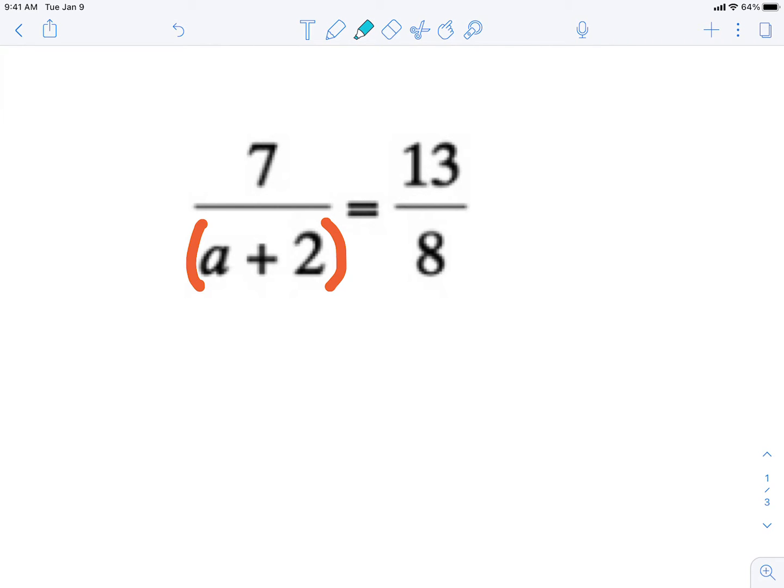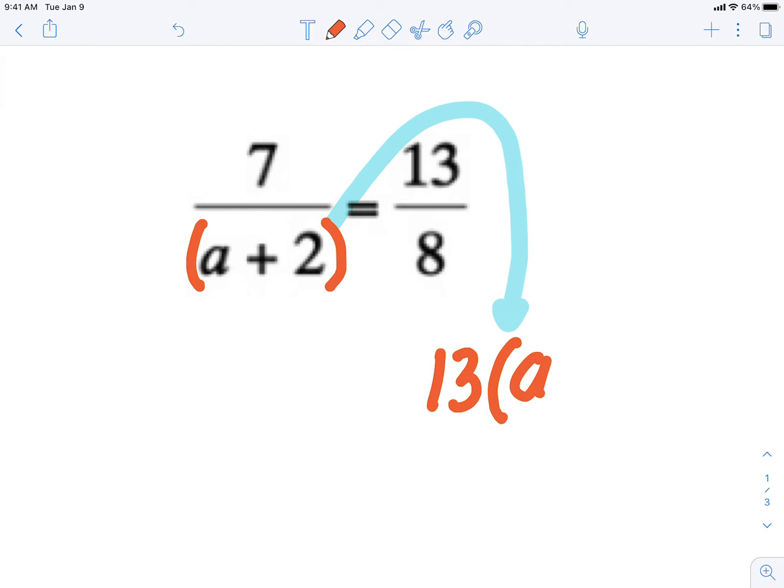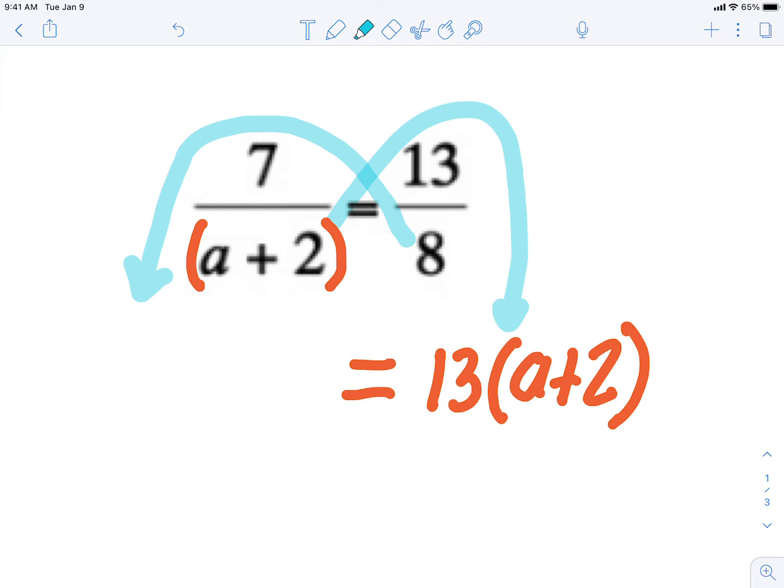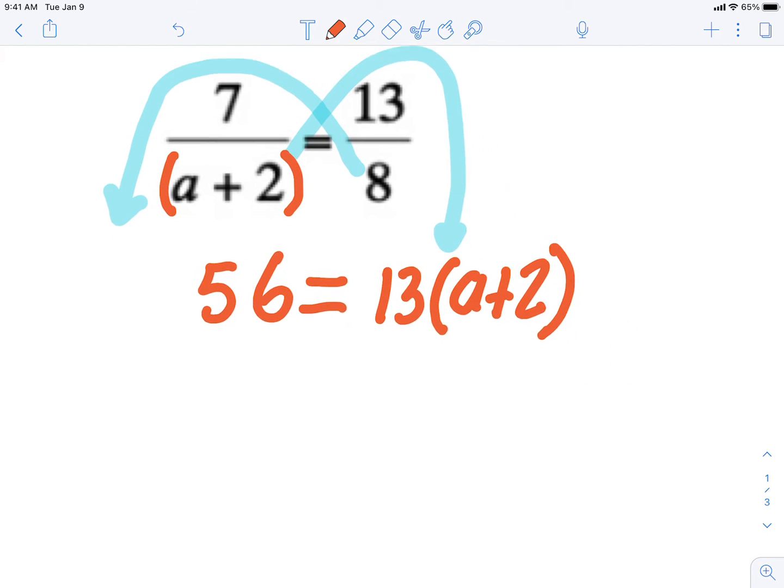Again, I'm going to do the wings. 13 times a plus 2. Parentheses means multiply. Equals. And now 8 times 7 goes down here. 8 times 7 is just two regular numbers, so I can just multiply and get 56.